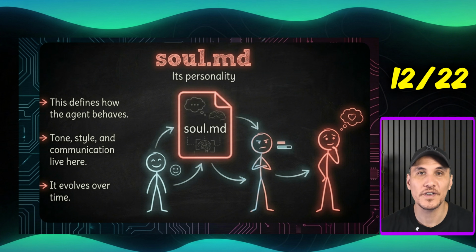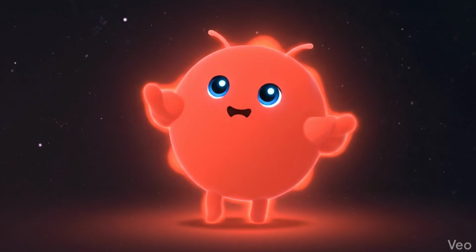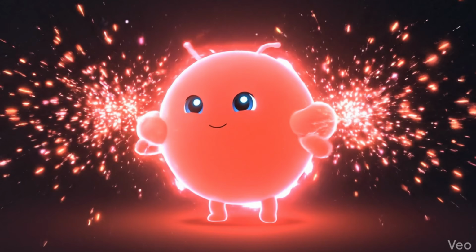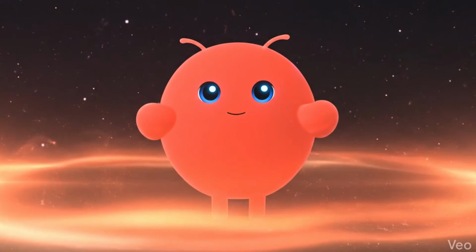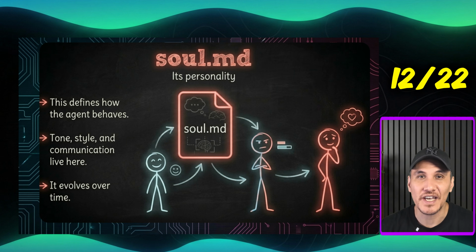Now, inside that workspace we just covered, there are a few key files that define how your agent behaves. One of the most important is called Soul.md. This file is essentially the agent's personality. If you think of your agents as digital employees, this is what shapes how they communicate and present themselves. It defines tone, style, and how responses are structured.